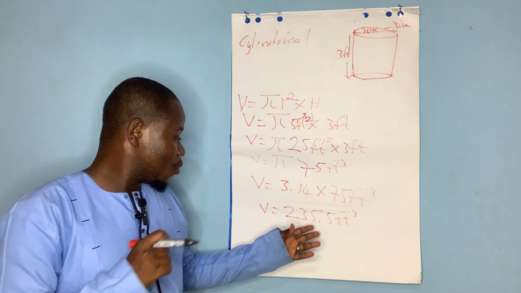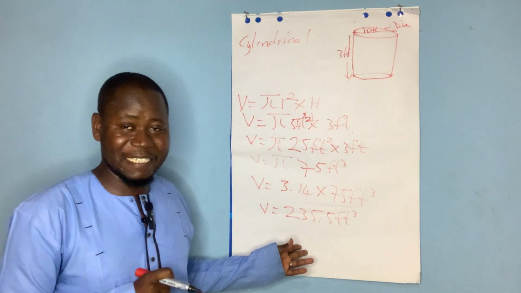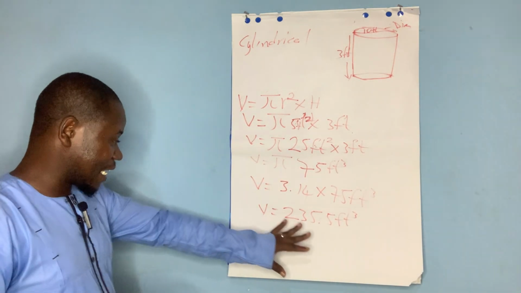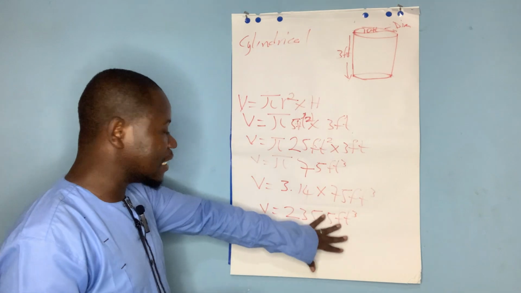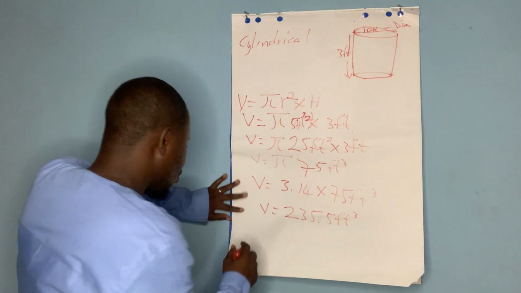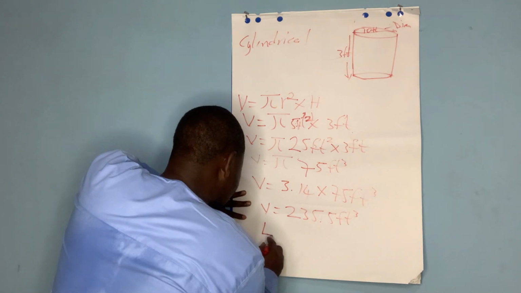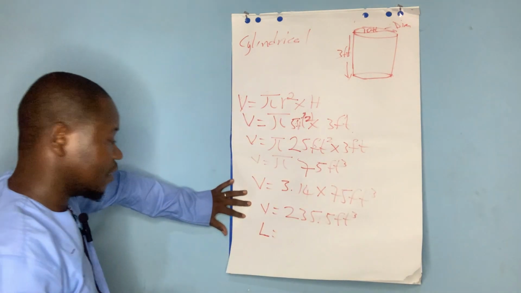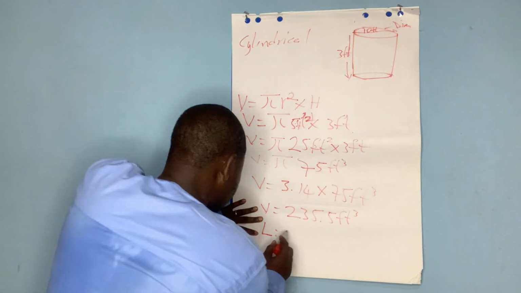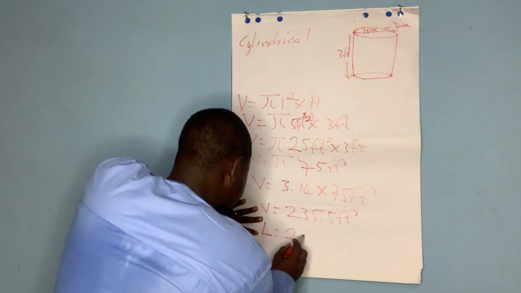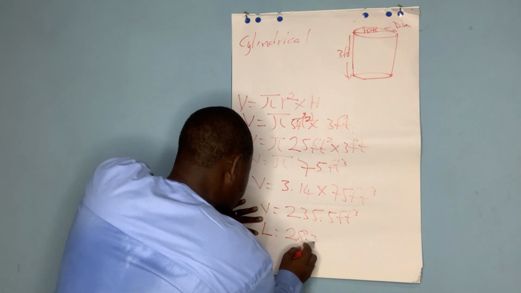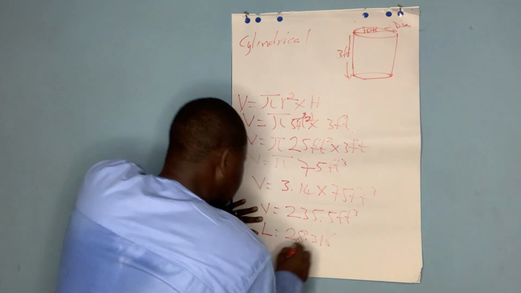Here again, we need it in what? In liters. So we now say, if this is the case and we need it in liters, 1 cubic foot gives us, as I said earlier, 28.316.